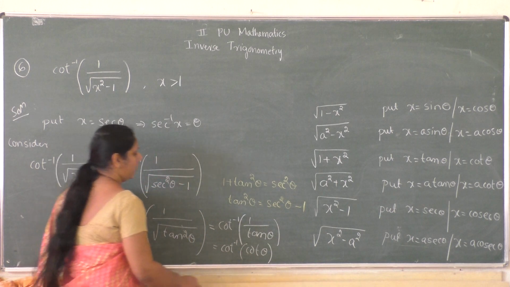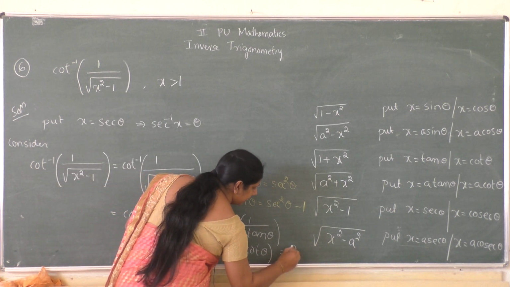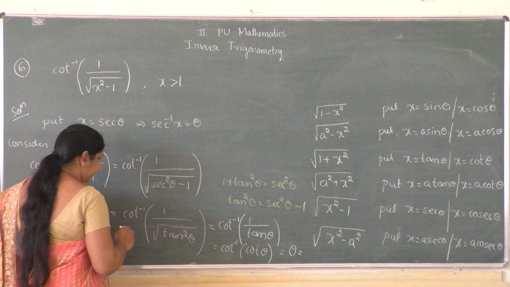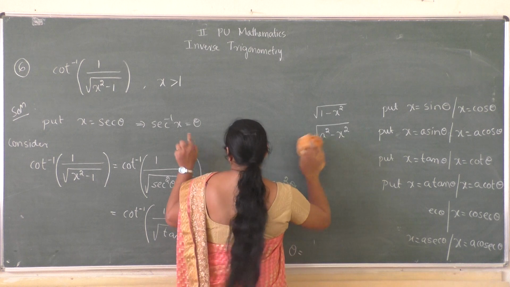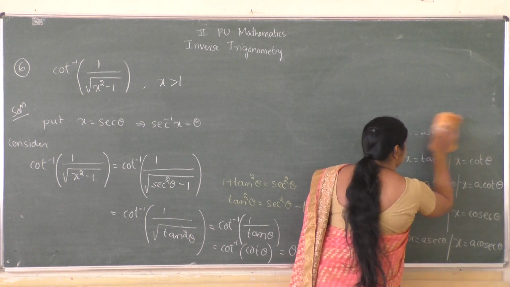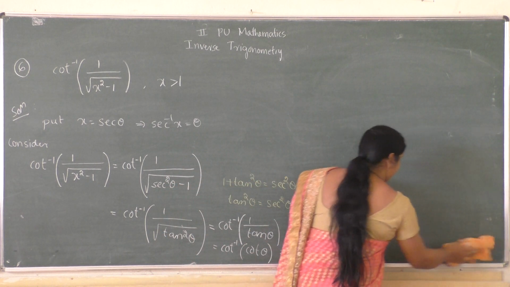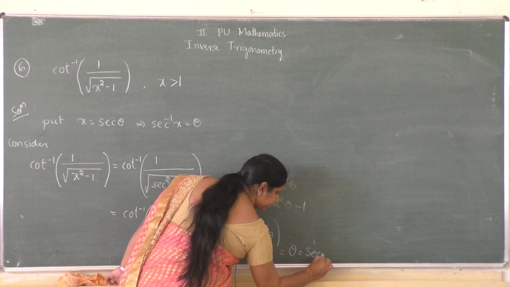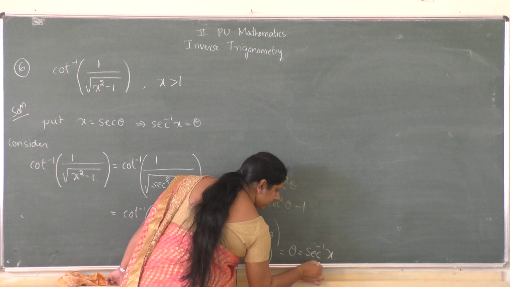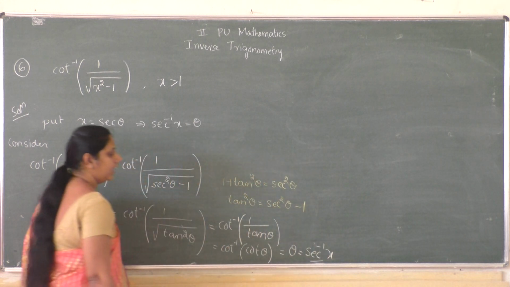By property, cot inverse of cot theta is theta. But what is theta? It is sec inverse x. So answer is sec inverse x.